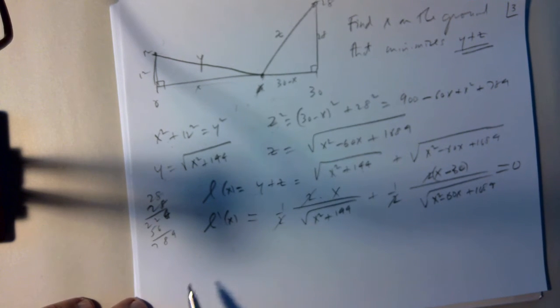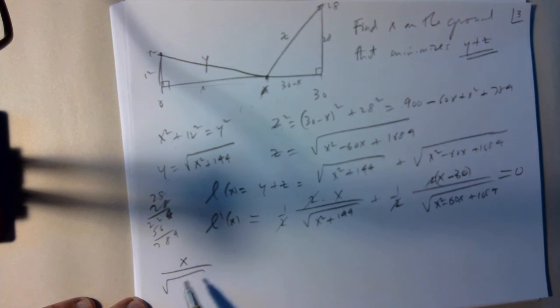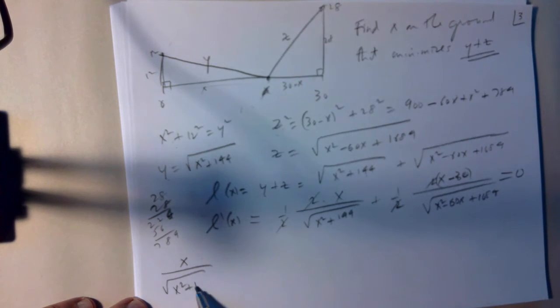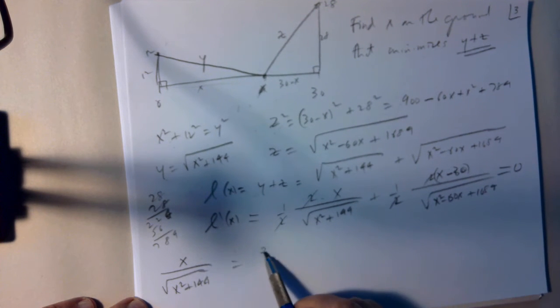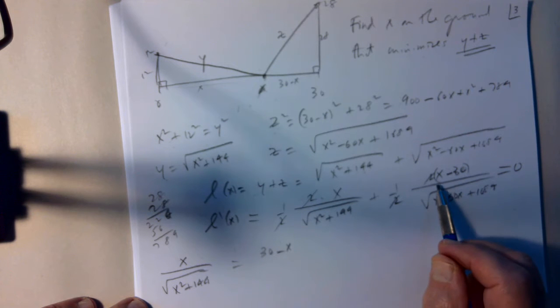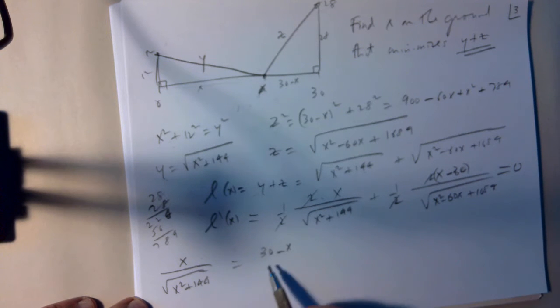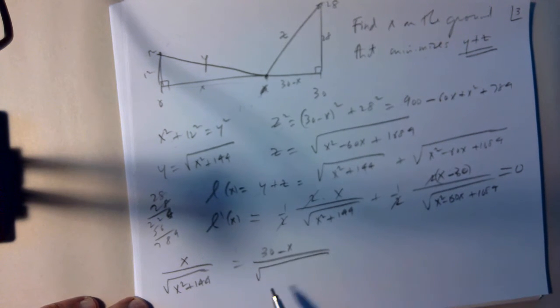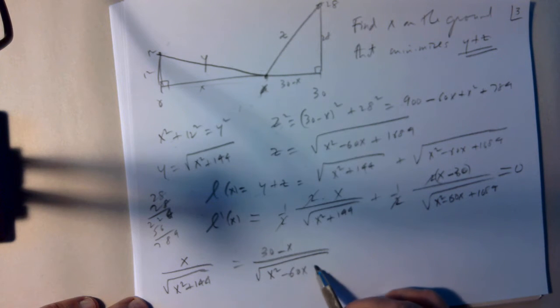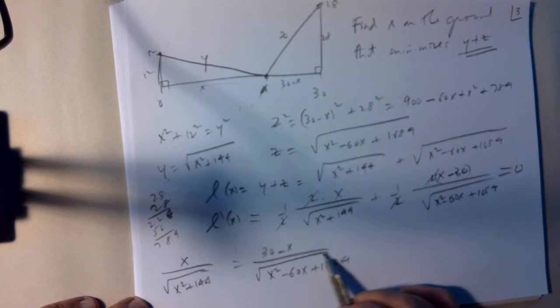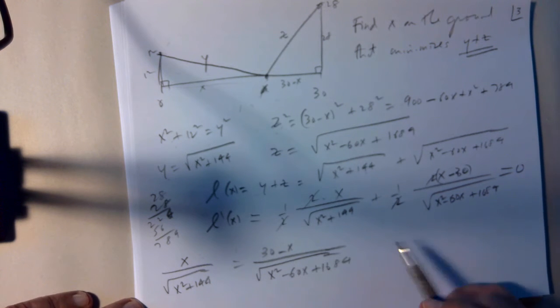So that's the same as solving the equation x over the square root of x squared plus 144, when we bring this to the other side, equals 30 minus x over the square root of x squared minus 60x plus 1684.